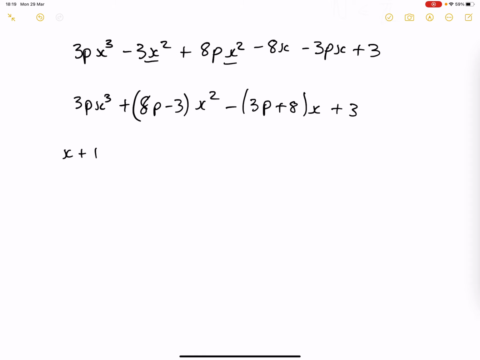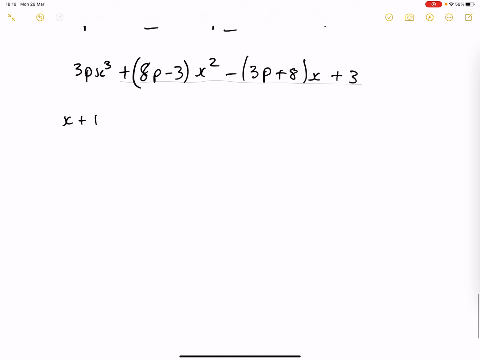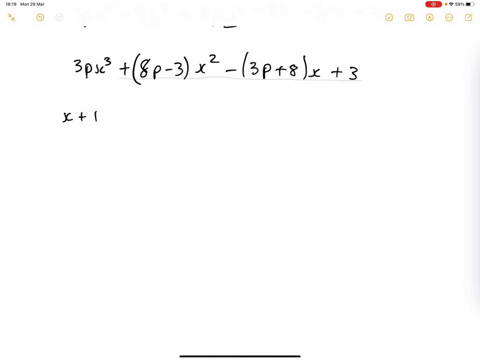Now what I'm going to do here is use the remainder theorem. The remainder theorem states that if you do f of the root, so if it's x plus 1, then you use f of minus 1, which is just your factor theorem, but it actually can be used for the remainder theorem.